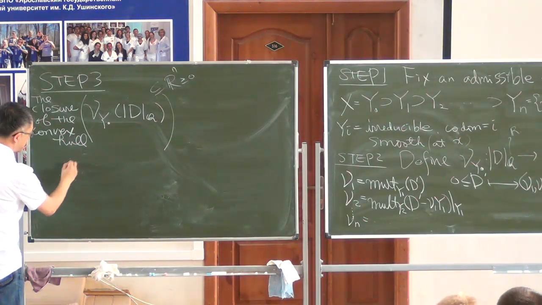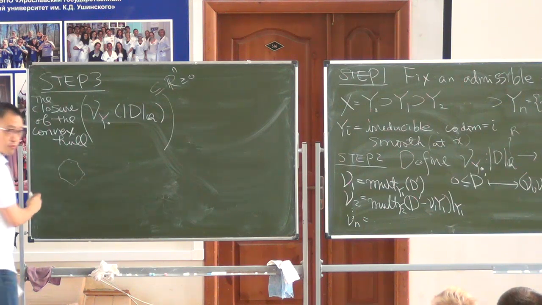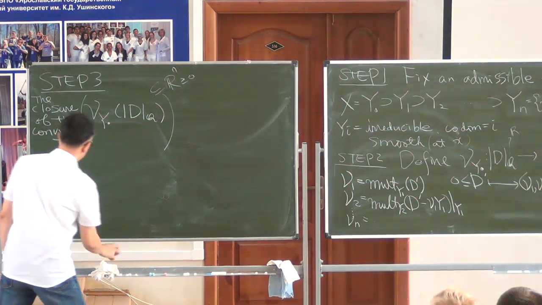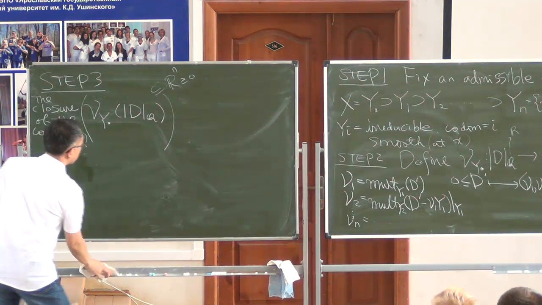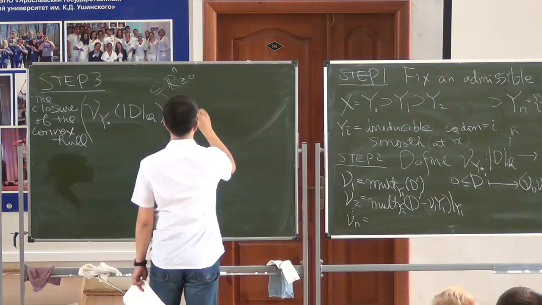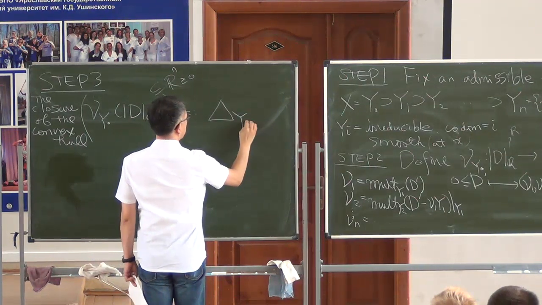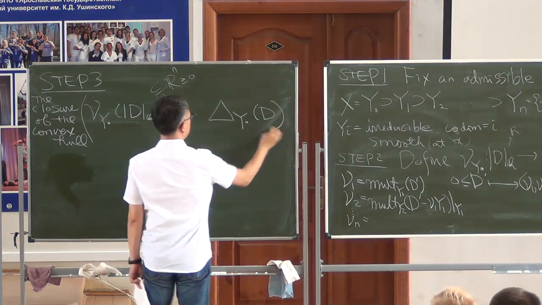This is a set of points, you take the convex hull, and you take the closure. This is called the Okounkov body.